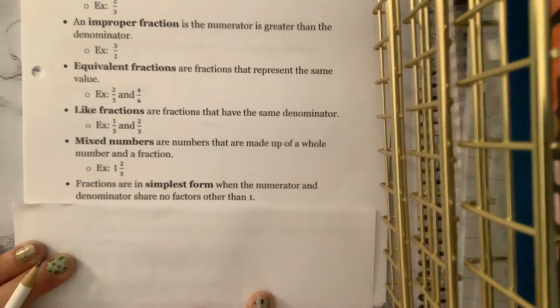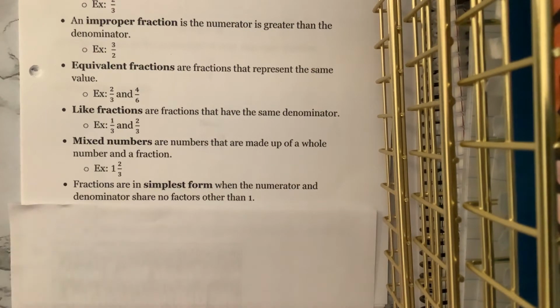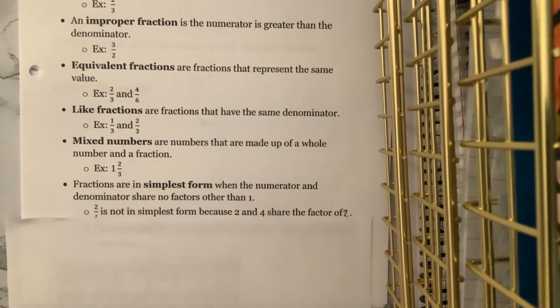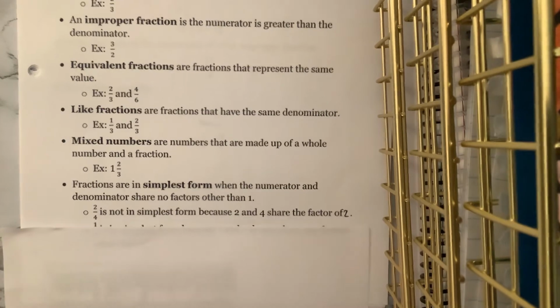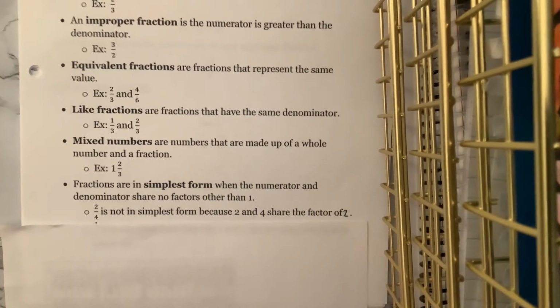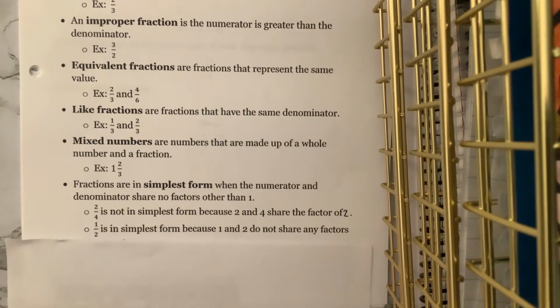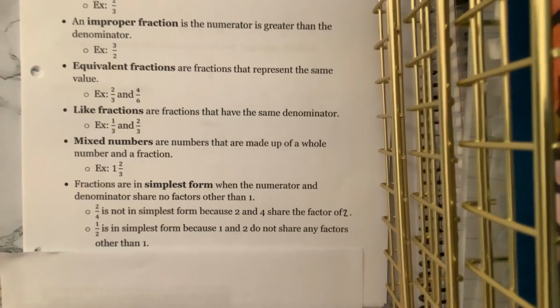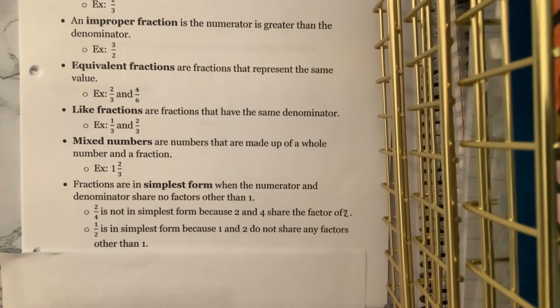Fractions are in simplest form when the numerator and denominator share no other factors than 1. So we would say that 2/4 is not in simplest form because 2 and 4 share the factor of 2. Okay. However, 1/4 is in simplest form because 1 and 4 do not share any factors other than 1.